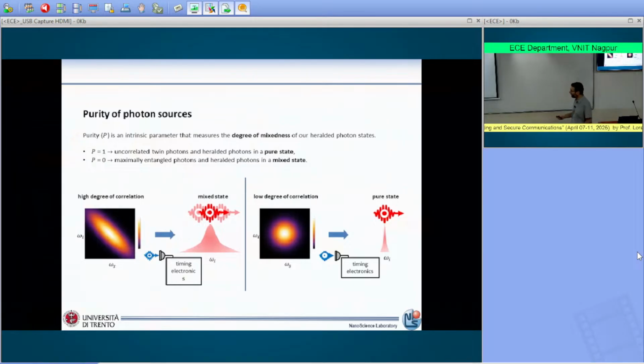On the other hand, if the degree of correlation is small, we no longer have the oblique, correlated dependence between the frequencies of the two photons, and we have a dot here. In a single photon source, the energy of the single photon is then very narrow in frequency space, meaning we have a very pure state, a very good single photon state. This is what we want to achieve.